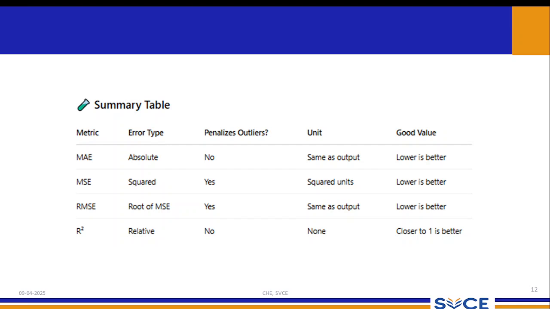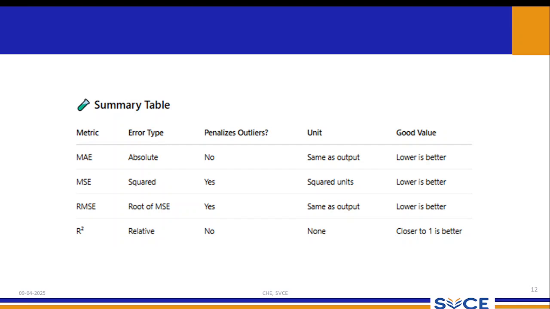Then, is the unit the same or different? In the first and the third case, the unit stays the same, because there is a modulus, and even though you have a square root, root mean square error nullifies the square. Whereas in mean square error, the unit is squared units. Coefficient of determination R square does not have any unit.